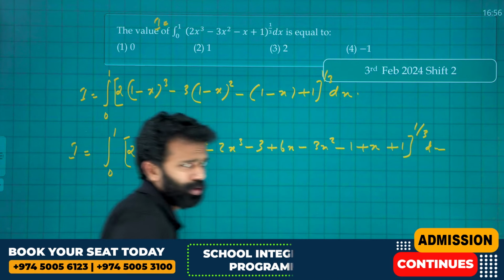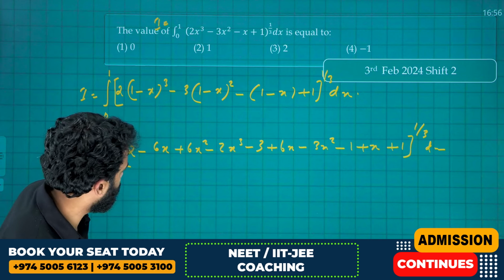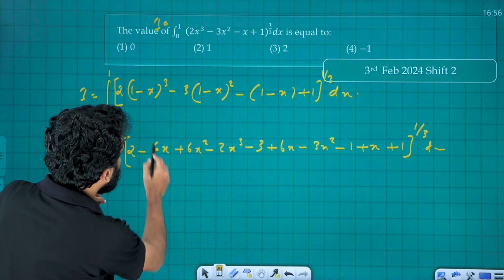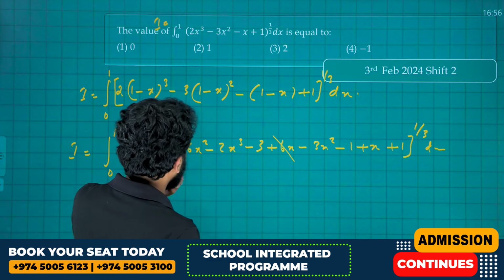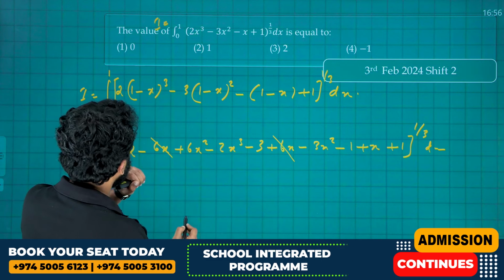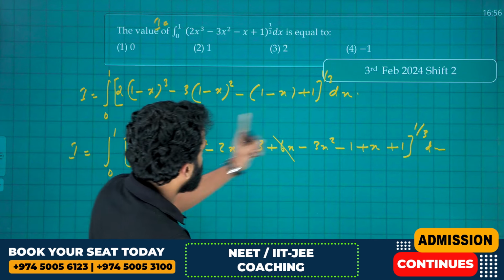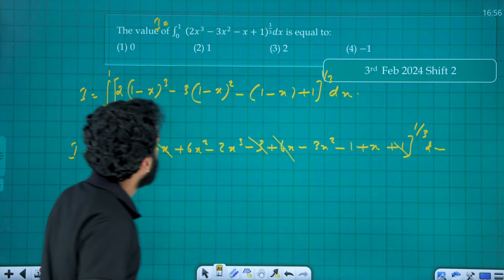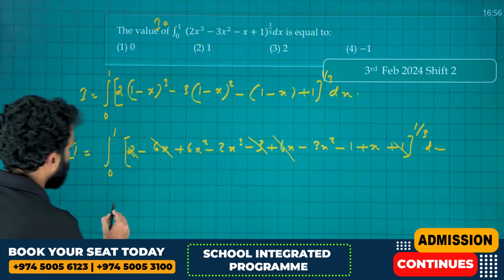Okay, don't worry, it's almost over. Is there anything to cancel? Yes, there is. Minus 6x and 6x got cancelled, and we have 2 plus 1 is 3, and 3 and minus 3 got cancelled. And minus 2x cube is there, we can start from that.